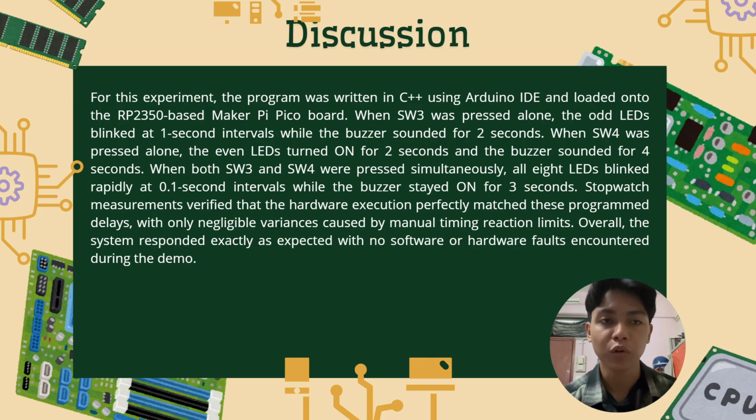And when SW4 is pressed alone, the even LEDs turn on for 2 seconds and the buzzer sounds for 4 seconds. But if SW3 and SW4 are pressed simultaneously, all 8 LEDs blink rapidly at 0.1 second intervals, while the buzzer stays on for 3 seconds.